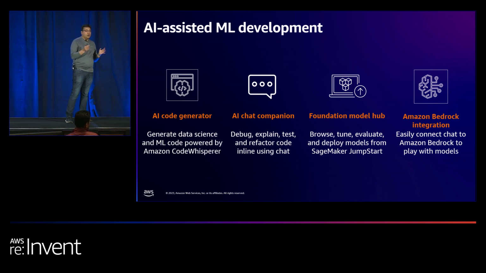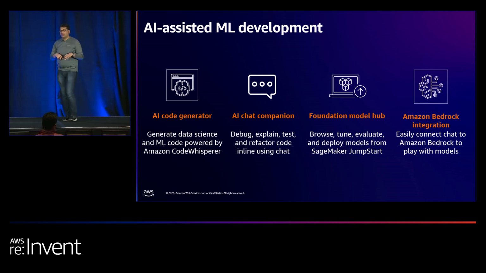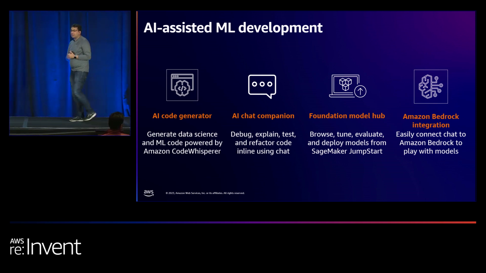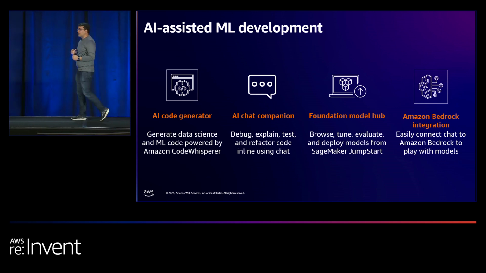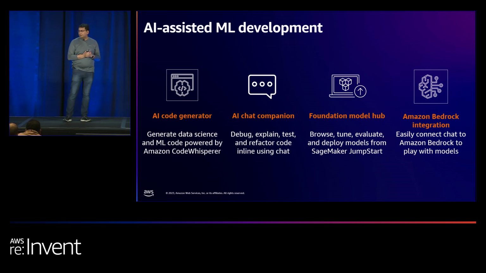And all of those models can easily be deployed from the JumpStart interface onto SageMaker endpoints, and from there, they can be used to power the chat interface. So you can play with those models right in your IDE. It's a pretty fun experience, so I would definitely encourage everyone to give it a shot to try out different models in the IDE itself.